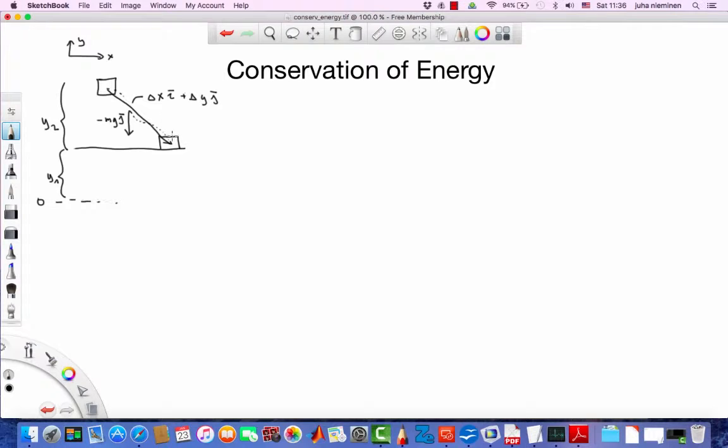So how much work is now done on the box when it falls down? The amount of work is whatever the force is, dotted by this displacement vector. So let's put them in. This was F, so minus mg j dotted by this displacement vector.